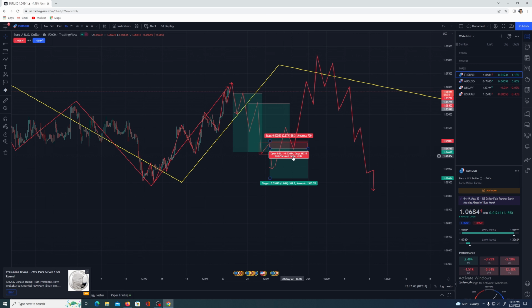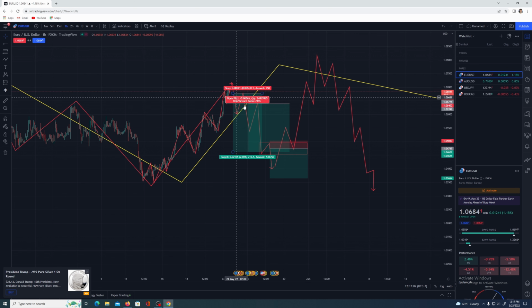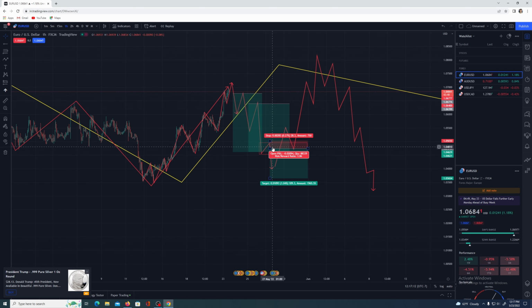It came all the way here, and now our stop loss doesn't have to be here, right? Our stop loss can actually be somewhere here, above this high if we wanted to. Like, you can experiment. There are many ways to manage your trades, okay?